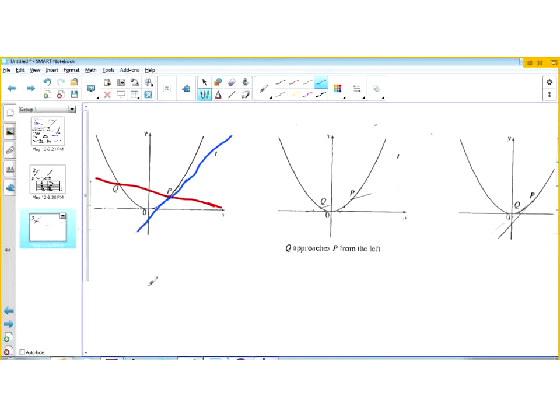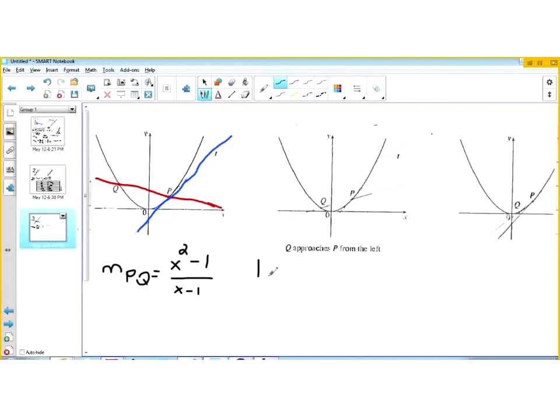So again, we still have the same formula. We have the slope of the secant line. It's a carryover. MPQ, using the same formula, is equal to the ordinate of Q, which is x squared, minus the ordinate of P, divided by the abscissa of Q minus the abscissa of P. Okay?